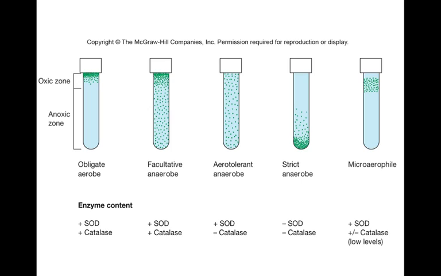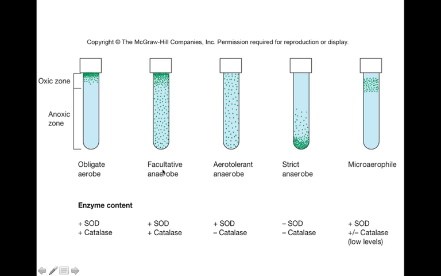And this microbe would be found at the top of a tube. An obligate anaerobe or a strict anaerobe will be found at the bottom of the tube, so furthest away from any oxygen as it can get. In contrast, a facultative anaerobe will be found throughout the tube and a lot at the top of the tube.